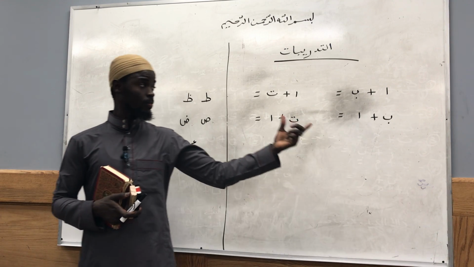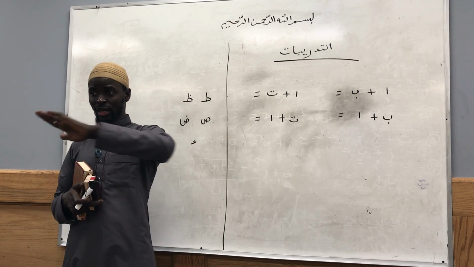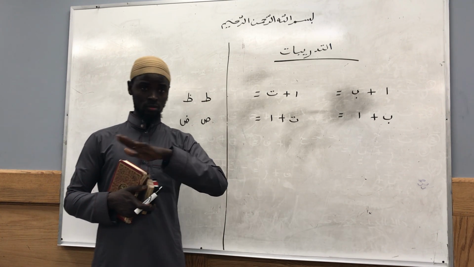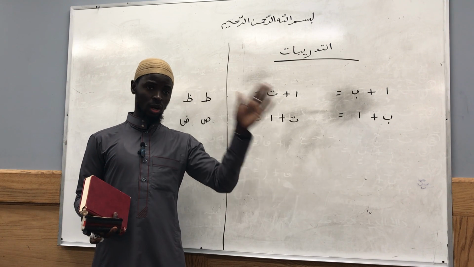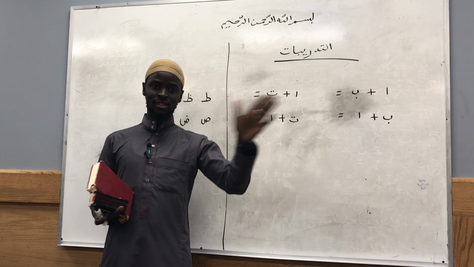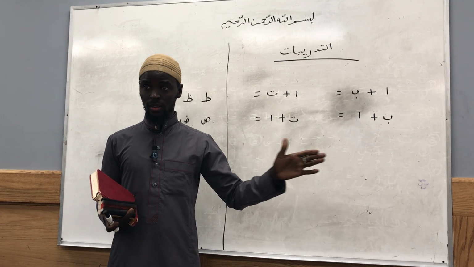If you did this homework, Alif to Ya, you are done with Alif in the whole Arabic alphabet. In the Quran, outside the Quran, you can write Alif with anything.